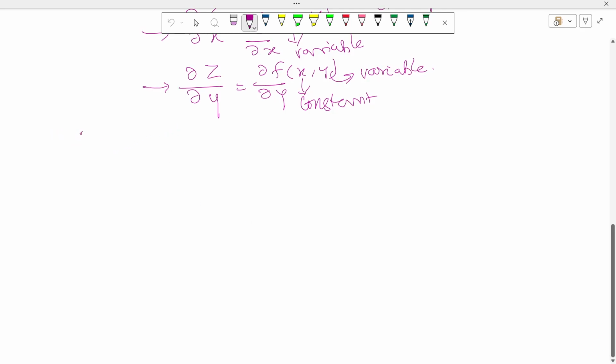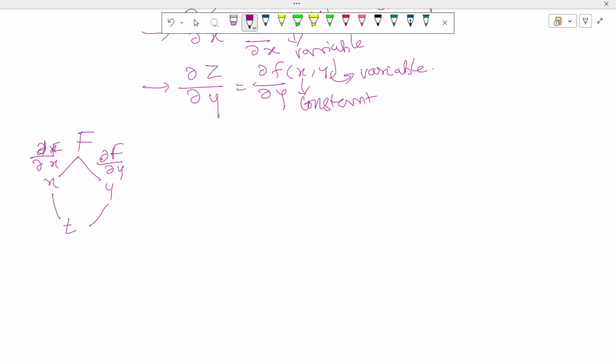In case f is a function of x and y, but x and y are functions of t, then from this f we can find dou f by dou x, dou f by dou y.